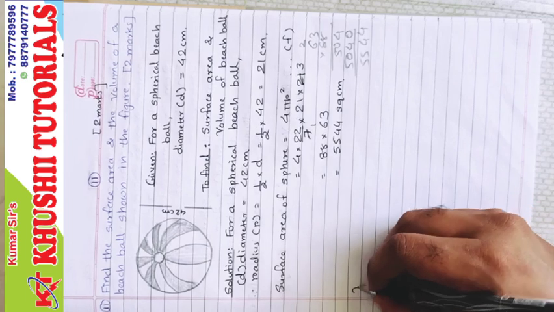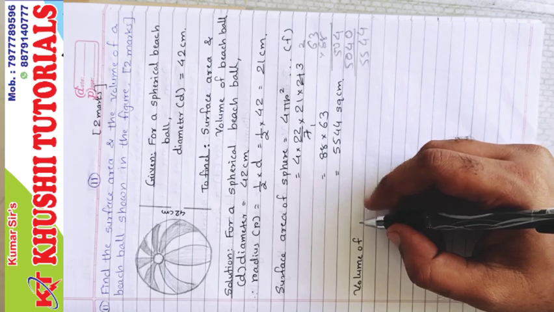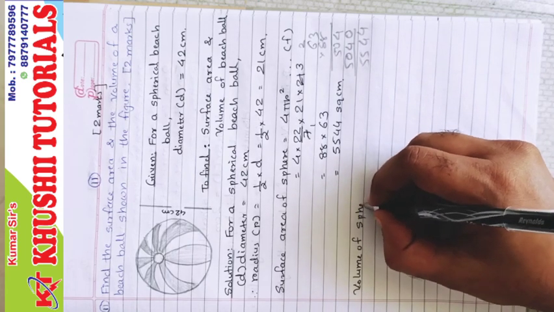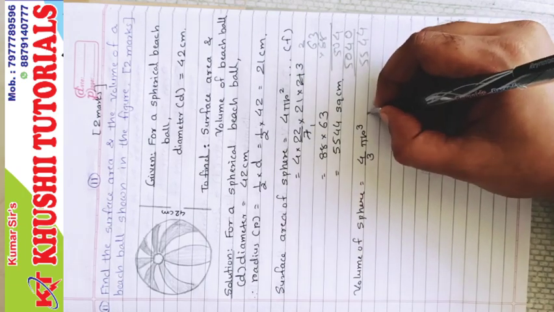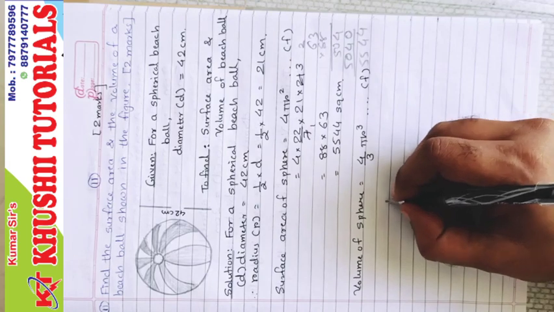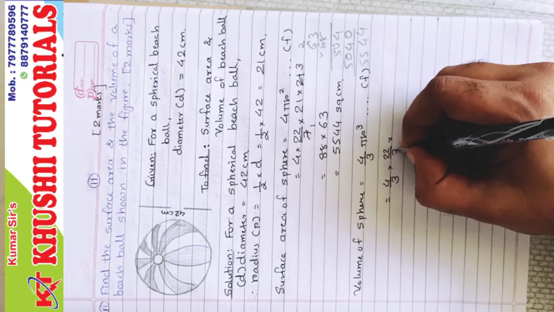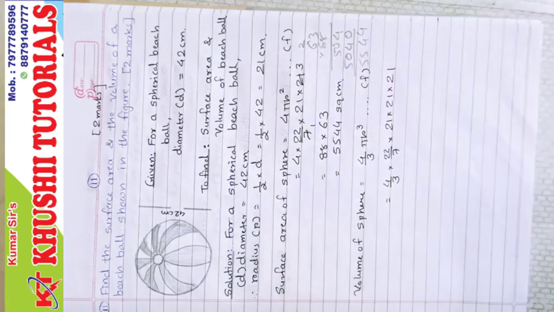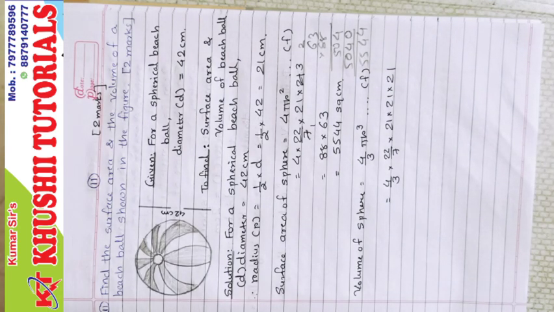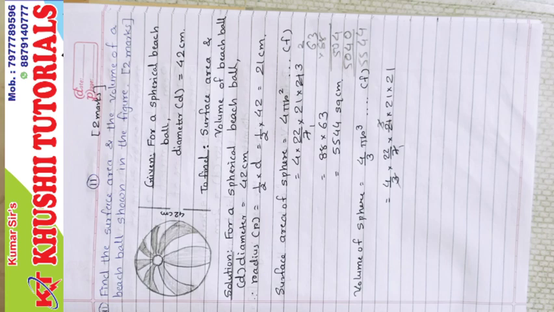The next, volume of beach ball of sphere, 4 upon 3 pi r cube, formula. So 4 upon 3 pi, 22 by 7 into r, radius 21 into 21 into 21. Now cancellation, 7 ones are 7, 7 threes are 21, 3 3 get cancelled.